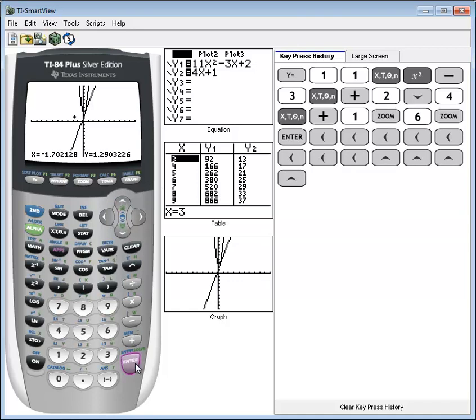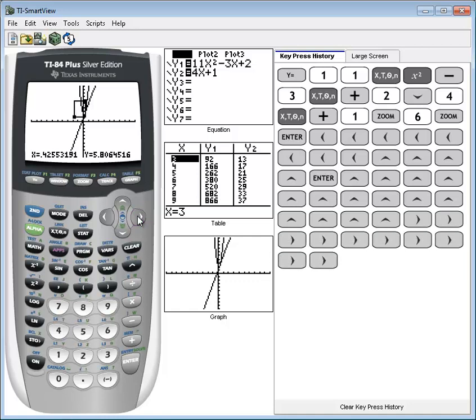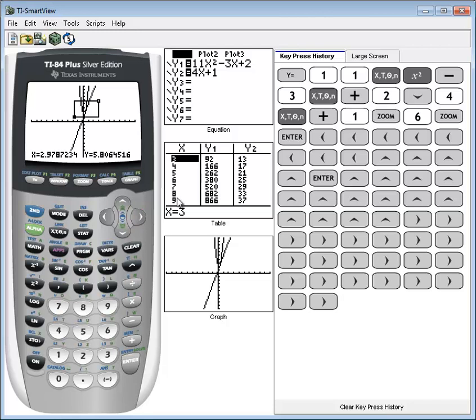So I'm going to press enter, and then I'm going to trace out a box, and what we want to make sure is that this box has the points of intersection.